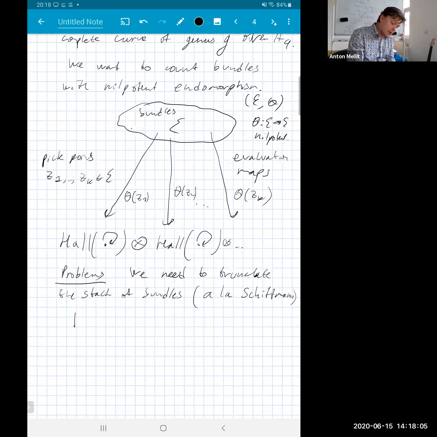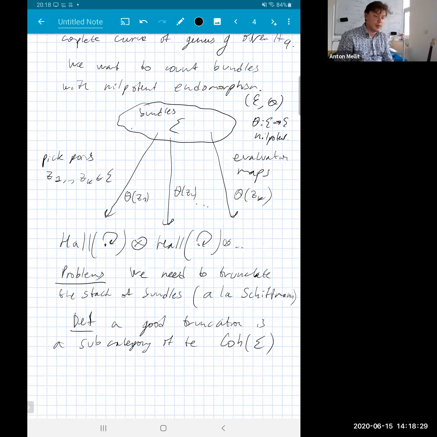So definition, a good truncation is a subcategory tau of the category of coherent sheaves of Coh sigma, such that if F is in tau and G is inside F, then G is in tau.